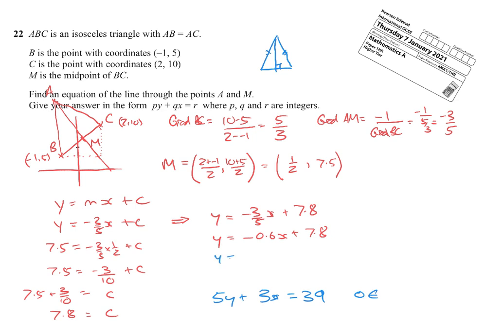So we've got y equals minus 3/5 x plus 78 over 10. 78 over 10 will simplify to 39 over 5. I can multiply through by 5 to give me 5y equals minus 3x plus 39, and then I can add the 3x over. That stuff in blue you just don't need to do. Once we've got an equivalent answer, we're fine and we're good to go and get the marks.